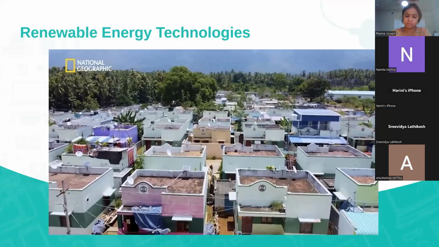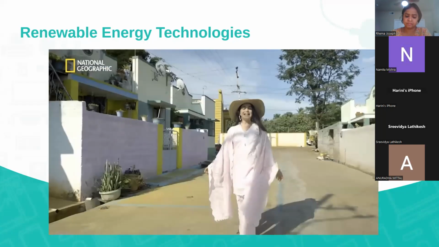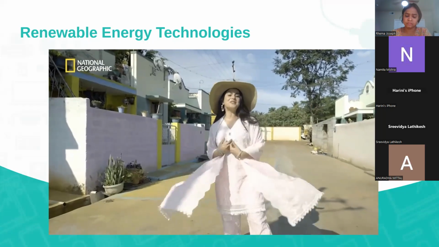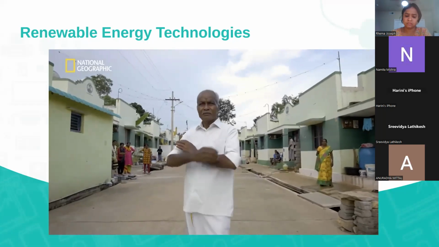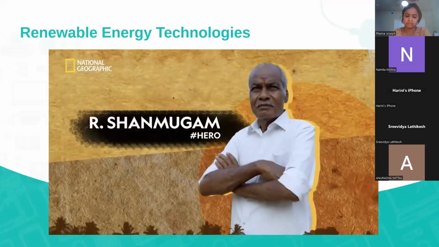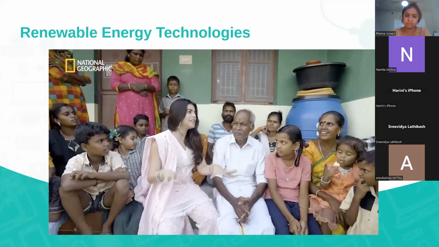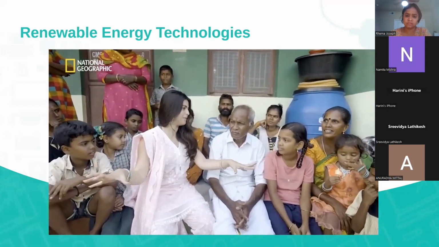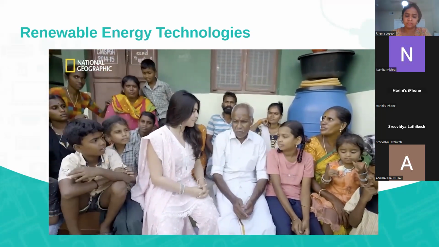It changes life of a person or a household. You become independent. Like all Bollywood movies, our story too has a hero. Everybody, please meet Mr. Shanmugam. Sir, I want to know what this village was like before you came here, before you made it into this beautiful model village.